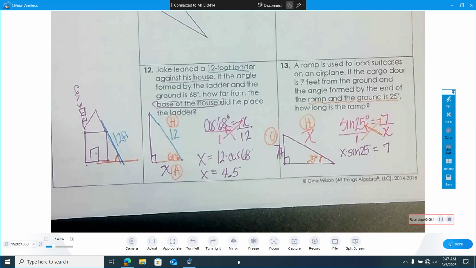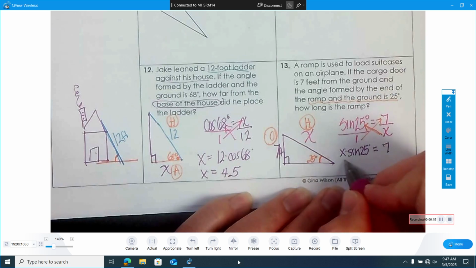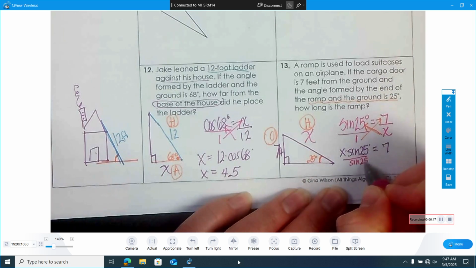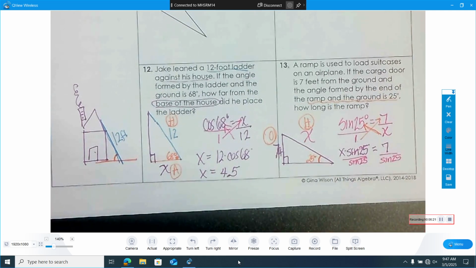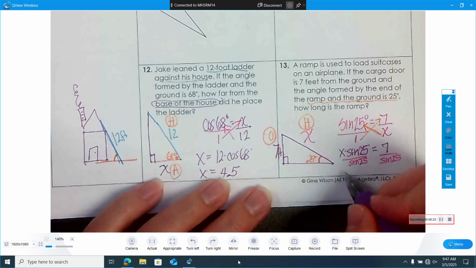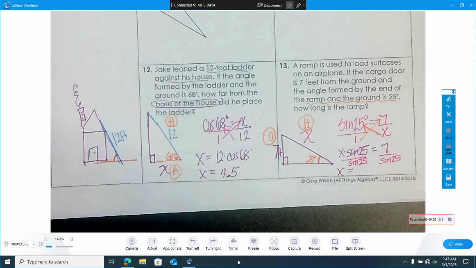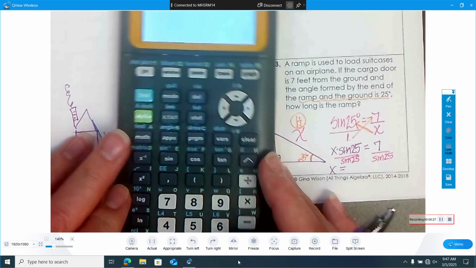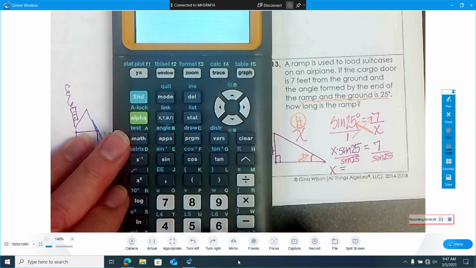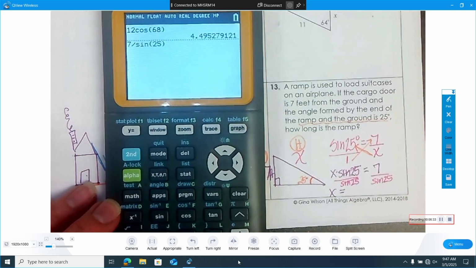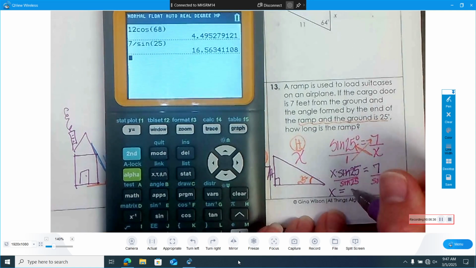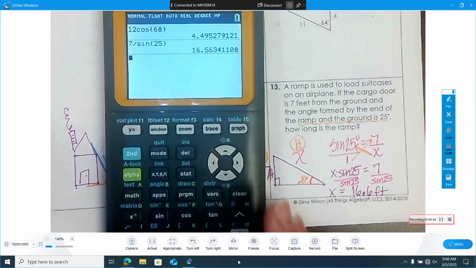How do you get x by itself? Sine, thank you for correcting yourself. Divide by the sine of 25 to get rid of it. All right. So x equals 16.6. I'm going to type it in just so we can all see here. 7 divided by the sine of 25, 16.6 feet long for that ramp.